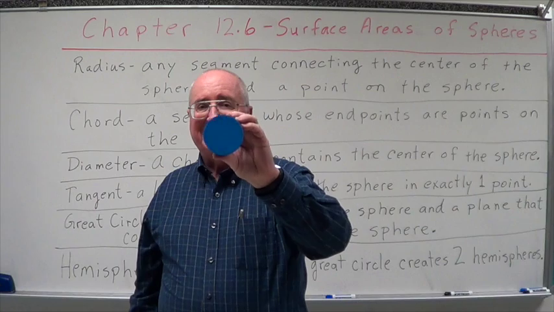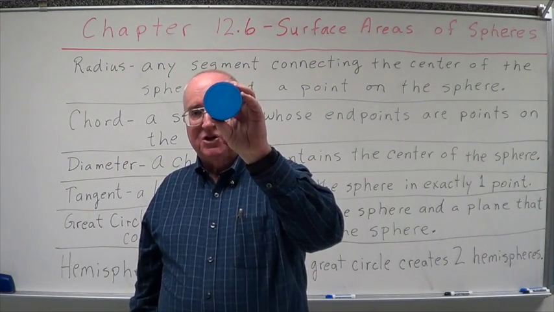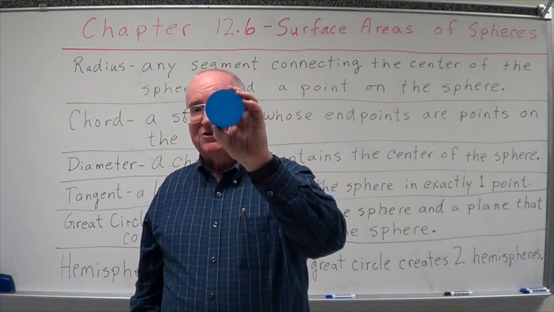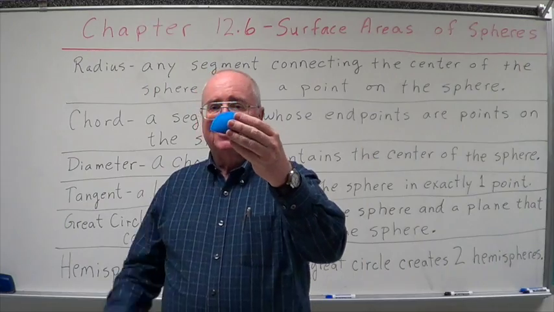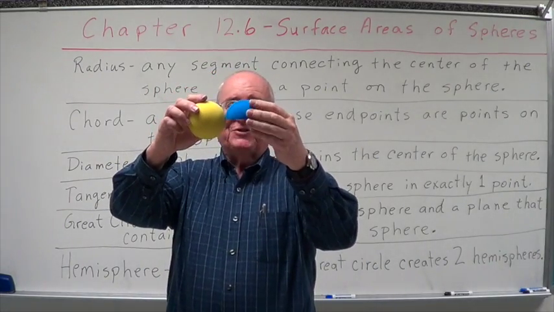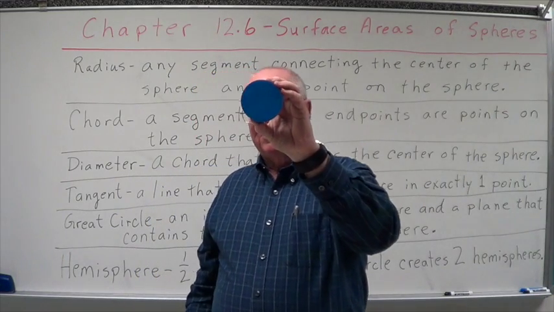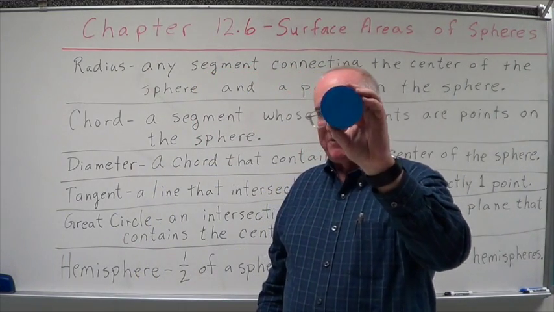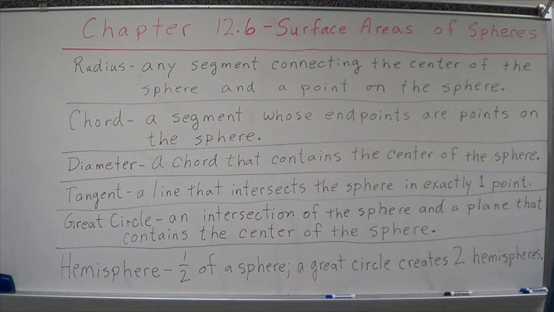So when you're calculating surface area of hemispheres, don't forget you have a flat circle that you also have to include. We'll do that on some sample problems. So a hemisphere is going to be half of the sphere plus the base of that hemisphere, which is going to be the area of that circle. All right, there are our definitions. Now we need to do some sample problems.